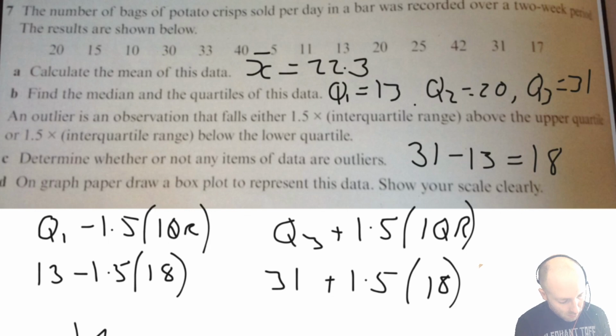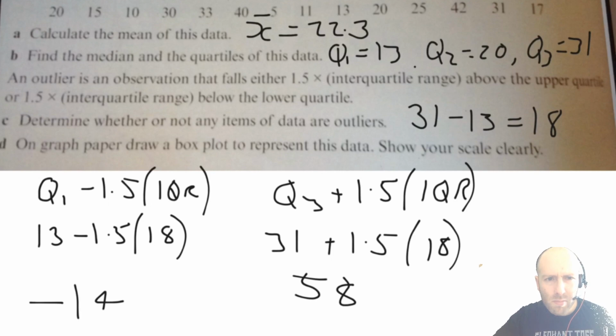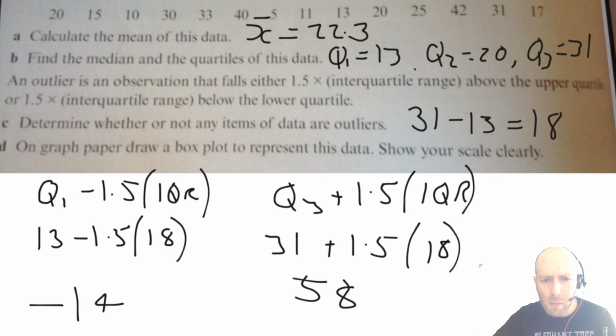And 31 plus 1.5 lots of 18 is 58. Cool. So looking through this, I don't think we're going to have any outliers. Looking at our data, nothing below minus 14, nothing above 58. So no outliers.